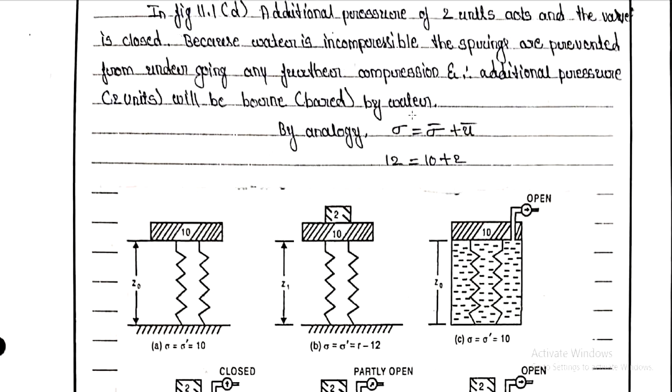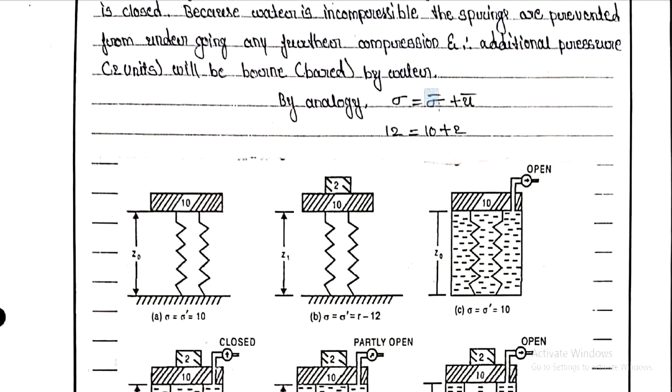Over here, sigma is the total load applied. The total load applied is nothing but the load taken by the soil plus the load taken by the water. The load taken by the water is the pore water, which creates the pressure in the water, and it is called pore water pressure. So the total 12 units of load which we are applying: 10 is the capacity of the spring, and the rest of the load will be borne by the water.